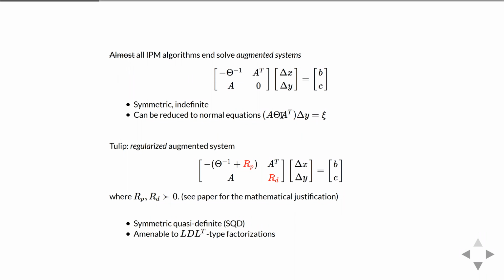The important feature of that regularized matrix is that it's still symmetric, but now it's quasi-definite. And symmetric quasi-definite matrices are amenable to LDL transpose type factorizations. So you can essentially take this matrix, put it into LDL, and then you get a factorization and you can solve the linear system. Whereas if you're doing that with this matrix, it would fail numerically, and you get something like a quasi-definite error. So numerically, the system is a bit nicer to work with.